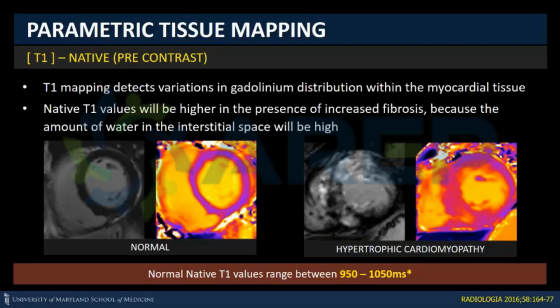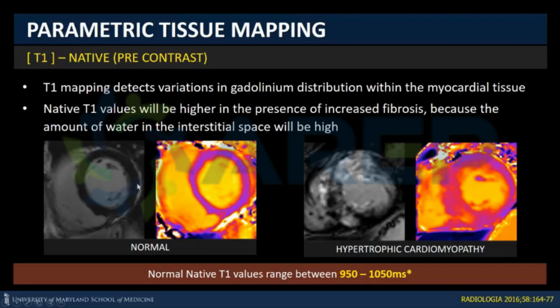So T1 mapping, this is also called native T1 mapping. So this is done before we give gadolinium, and this tells us the underlying, essentially the native abnormality or the native distribution of the extracellular volume in the myocardium. So on the bottom, we have two cases.